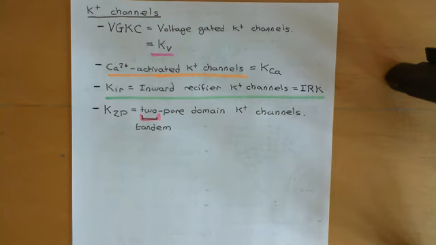Okay, right. So let's now discuss the structure of some of these different potassium channels. We'll start off with the voltage-gated potassium channels firstly. And we're going to see loads of examples of voltage-gated potassium channels later on when we go on to the specifics.